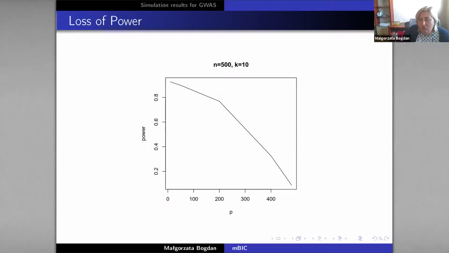If you don't do anything, you will basically lose the power of identifying important regressors. Due to the large variance of your estimators, you are not going to see the important ones among many, many false ones which have large variance. I hope this is understood.